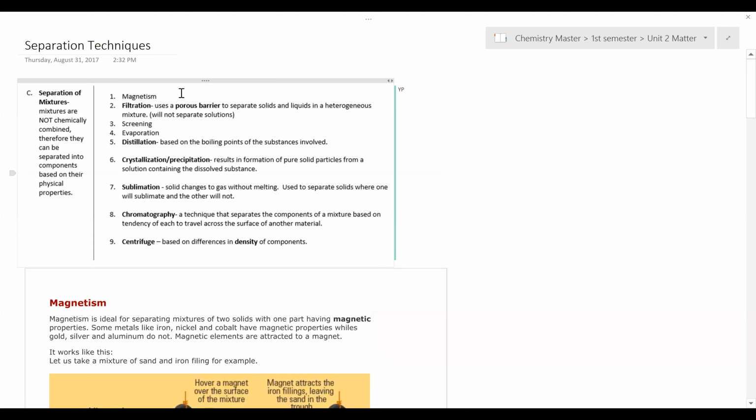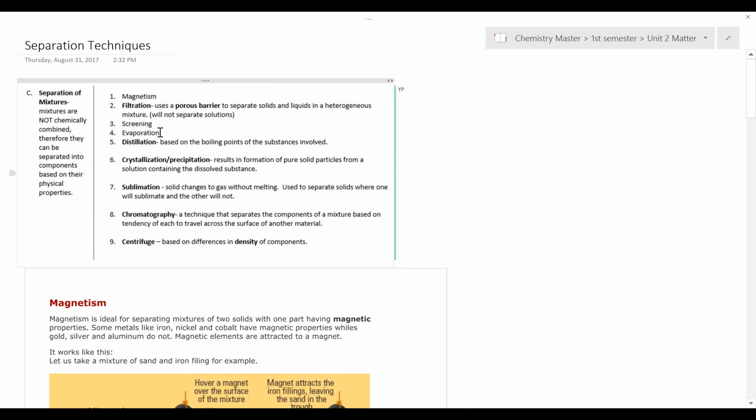So far we've covered magnetism, filtration, which is number 2, screening, which is number 3, 4 and 5, evaporation and distillation. We're gonna skip 6. 7 would be if you had 2 solids and one of them sublimes, like we talked about the dry ice, how it goes straight from a solid to a gas. So sublimation.